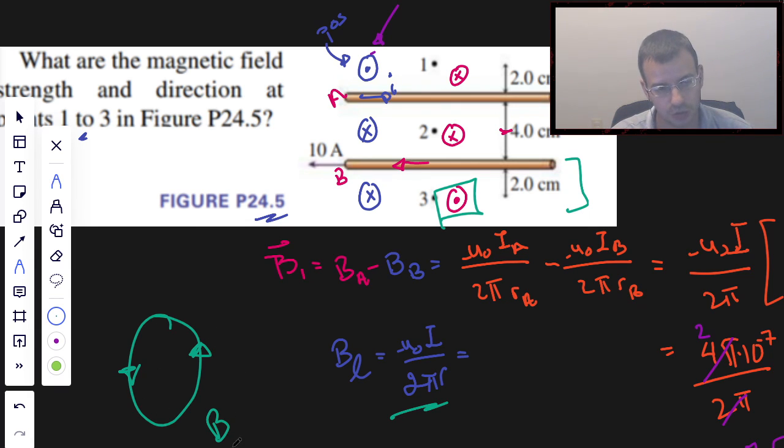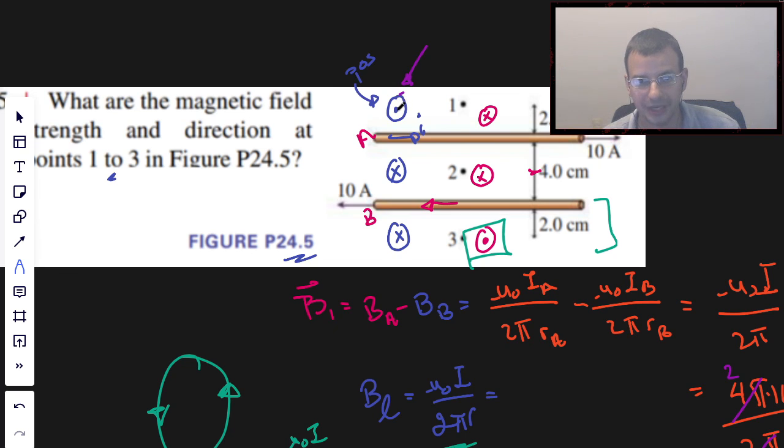That's going to give you, I'll do a little O here for circle, mu naught I over 2r, basically without the pi. The other equation you have is for a line, which is mu naught I over 2 pi r. So it's just two common scenarios you see, worth memorizing if you're going to take the test.